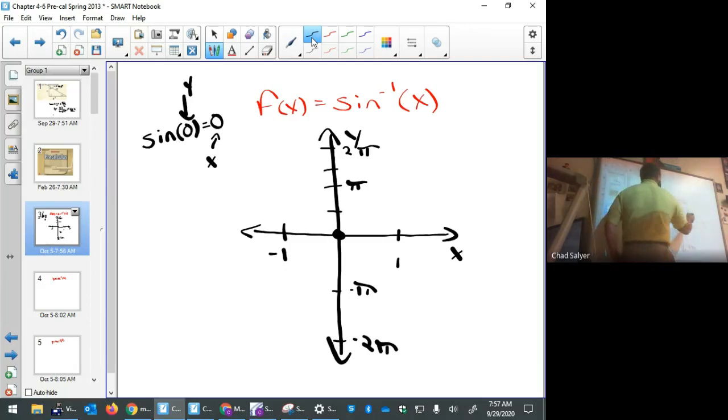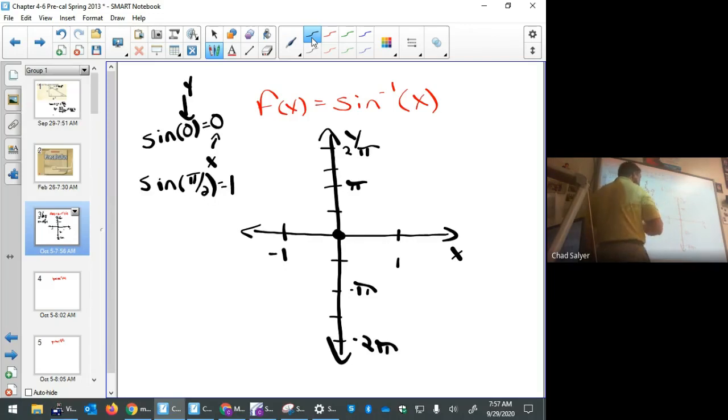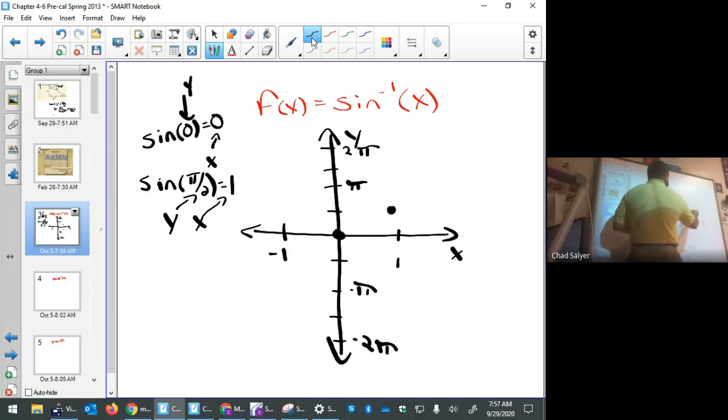Well, let's do the halves. So the sine of pi over 2 is 1. So remember that this is the y, and this is the x in this case. So where x is 1, y is pi over 2, right there.